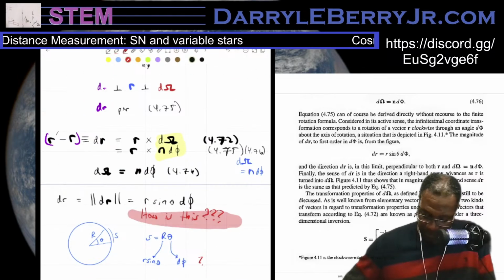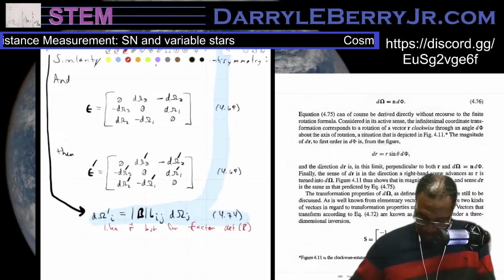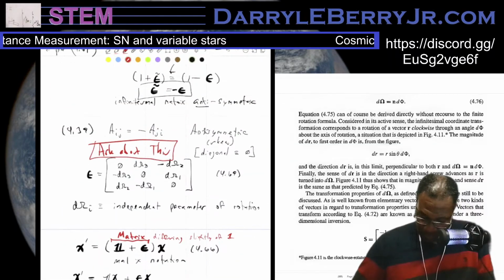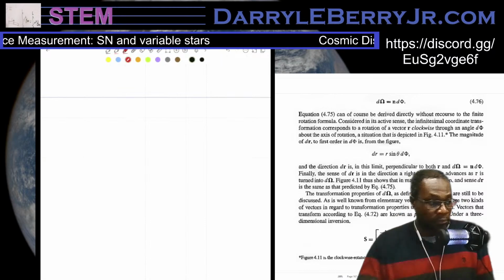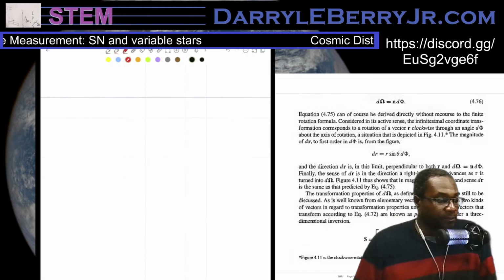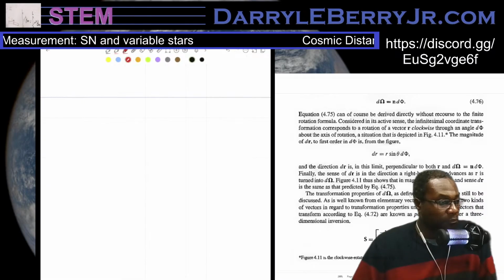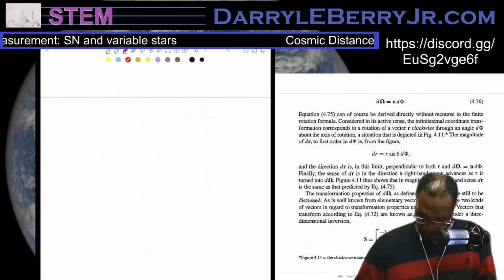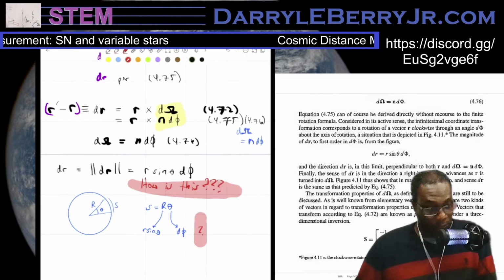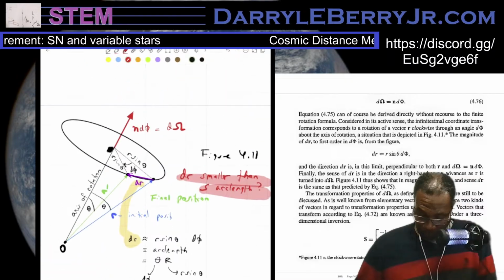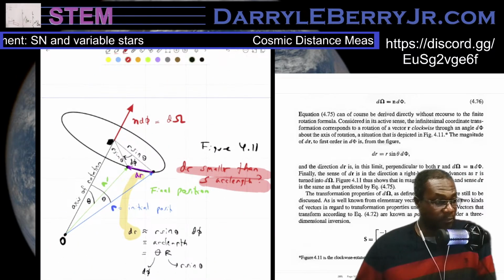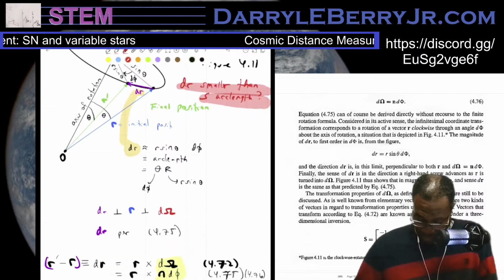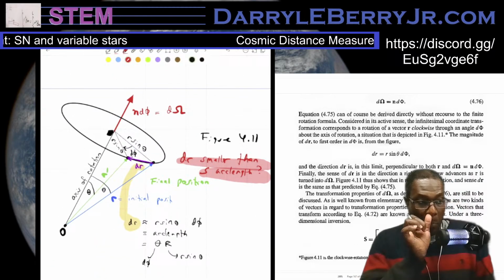I think that's what it is. Yeah, okay. Because it's a cross product, it has to be perpendicular to both.